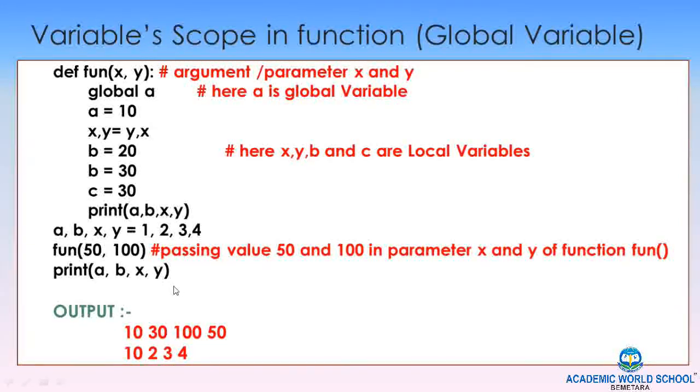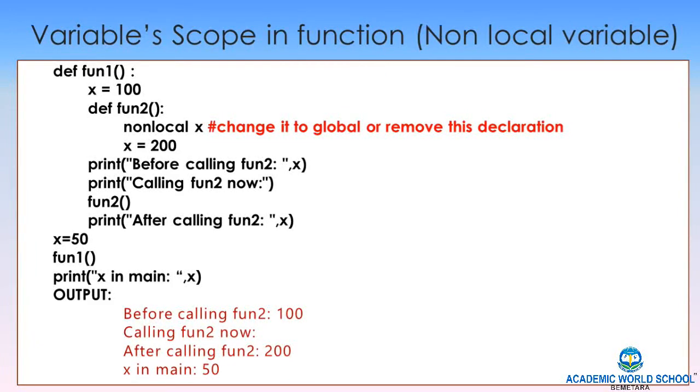Variable scope in function: non-local variable. A non-local variable works inside a nested function. Now you can understand with the help of this example. Here there are two functions, fun1 and fun2. Fun2 is declared inside fun1, so fun2 is a nested function.